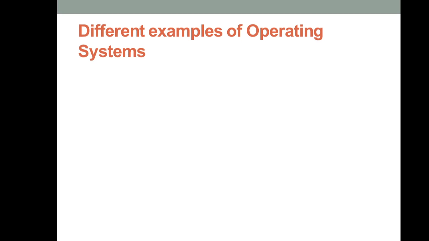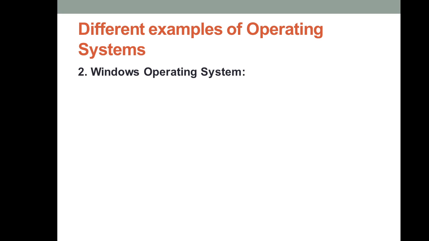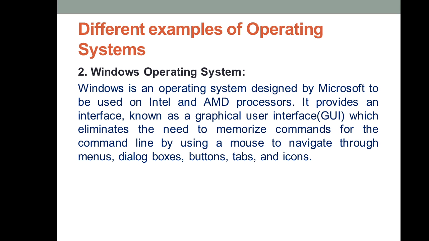Then the next example of operating system is the Windows operating system. Windows operating system is designed by Microsoft, and it is to be used on Intel or AMD based processors, and it provides an interface which is known as graphical user interface.